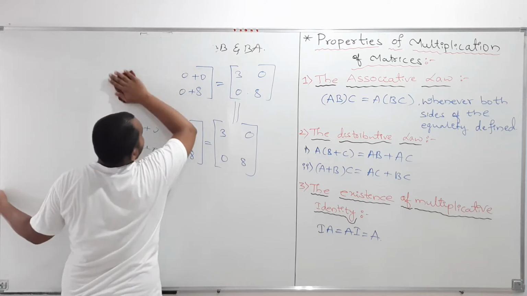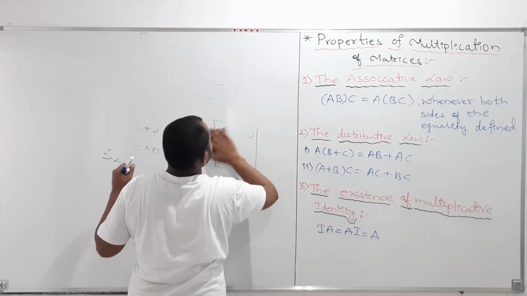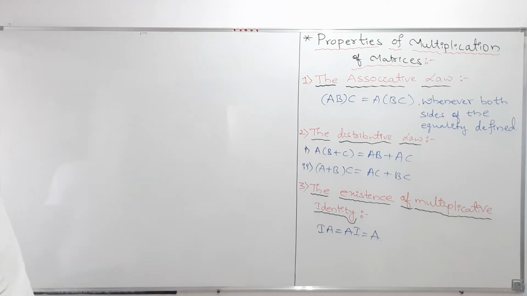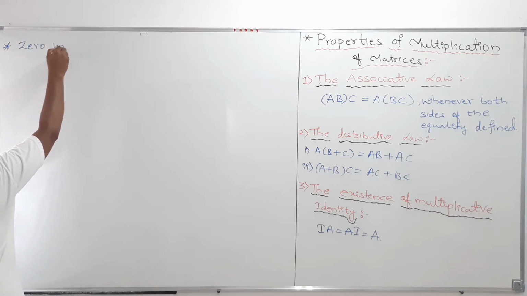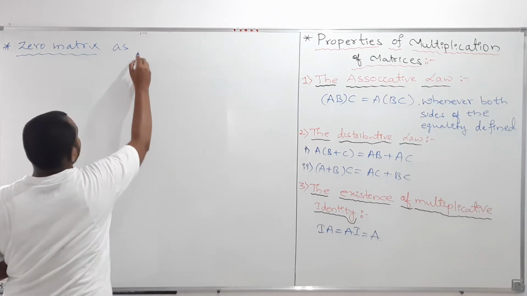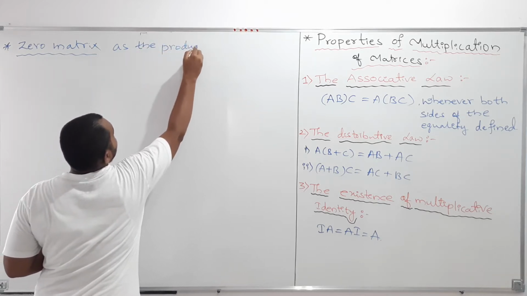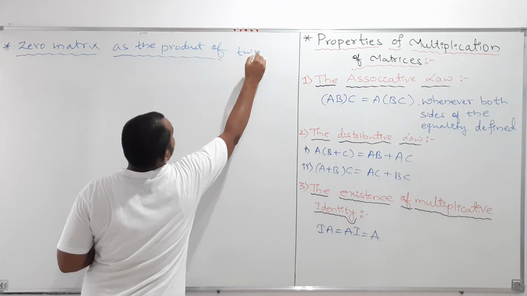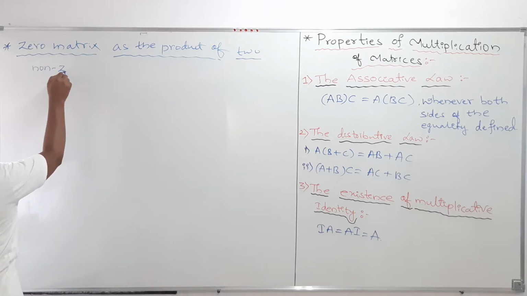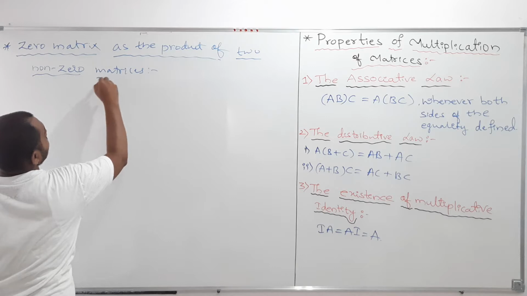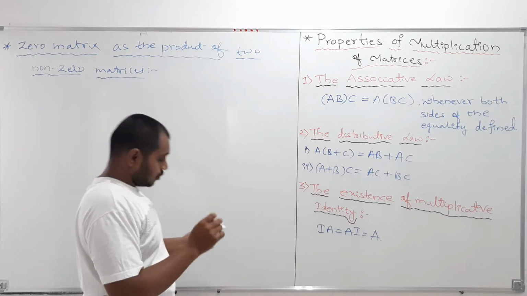My dear students, we know that in the case of any two real numbers, we will discuss zero matrix as the product of two non-zero matrices.